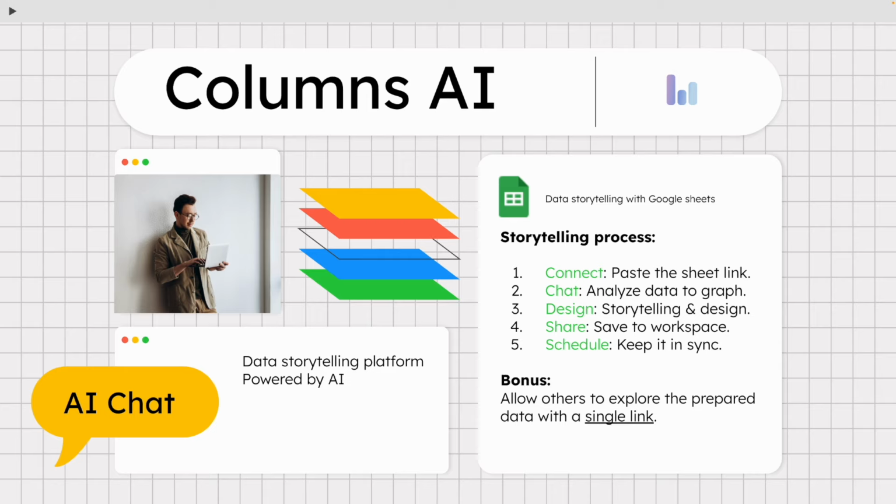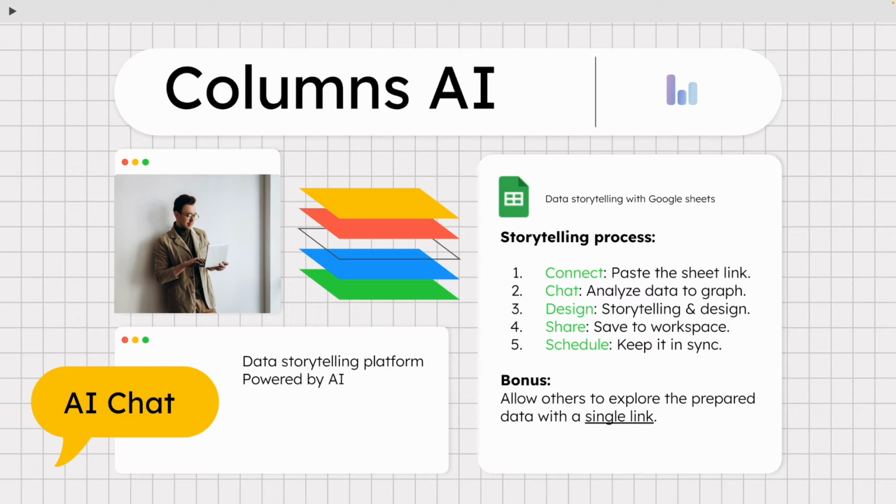By saving the story to your workspace, you are able to set any kind of permission access for your audience, so you can embed them, or share them on your own website or in other places. Step 5, set up a schedule to keep your data in sync with your story. This is optional. Sometimes people just share it once, but a lot of other times people want to keep it in sync so they can maintain the data behind, and the story will be automatically updated.